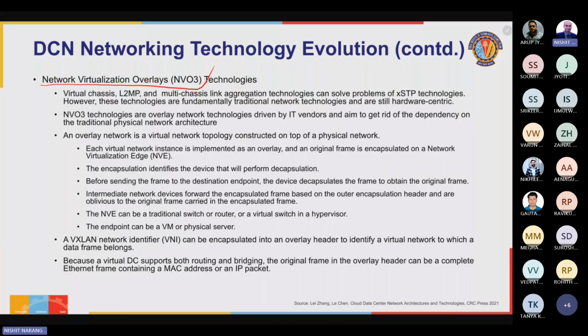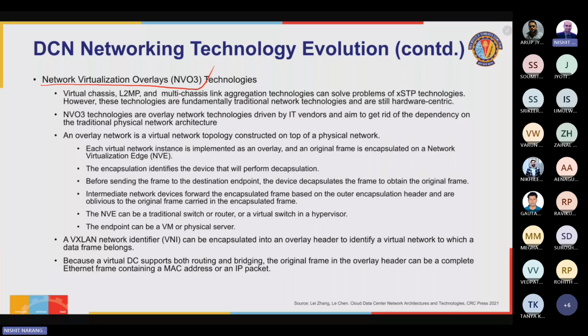Okay, it's an extension to L2MP. The thought process is the same as L2MP, but it's a step further. It goes all out while L2MP stopped a step in between. It continued because it was still driven by those access aggregation core mindsets. It stopped short of completely going to layer 3.